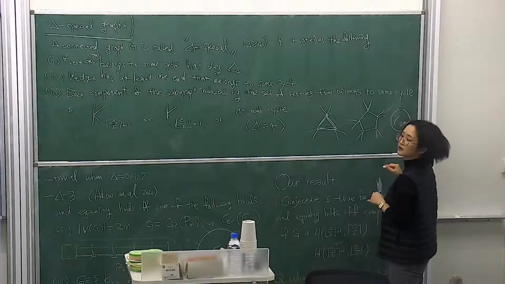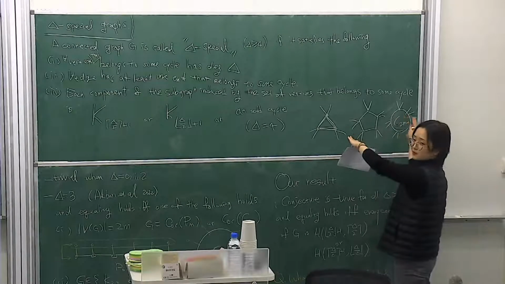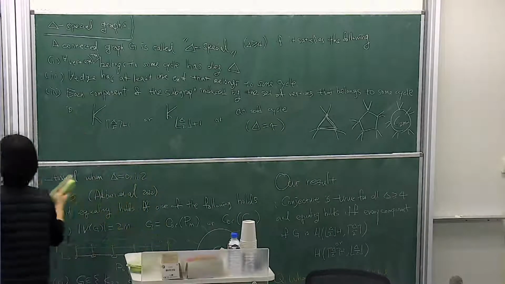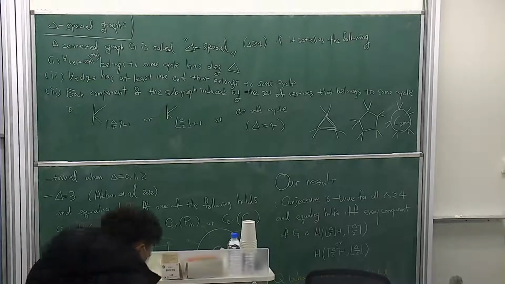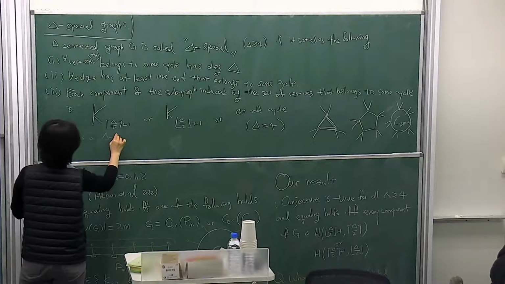Similarly, consider any odd cycle, and then form a graph by gluing them. And actually, a singleton vertex is also a delta-special graph.